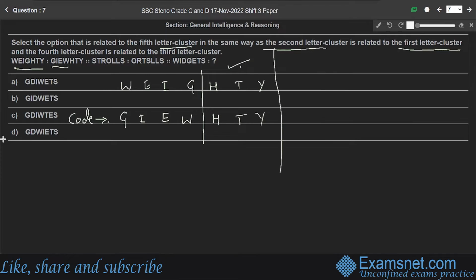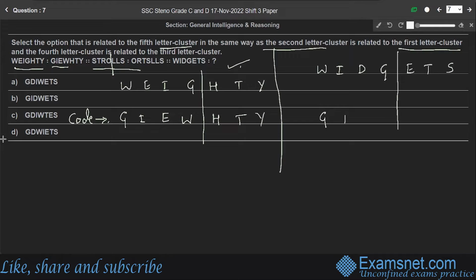Similarly, for the second set of letters, strolls, the first four letters are written in reverse order and the last three letters are as they are. Therefore, for widgets, we split the word into two parts: the first four letters and the last three letters, where the first four letters should be written in reverse order.